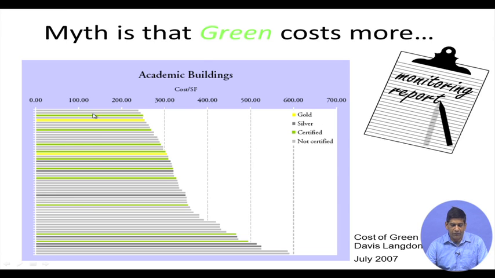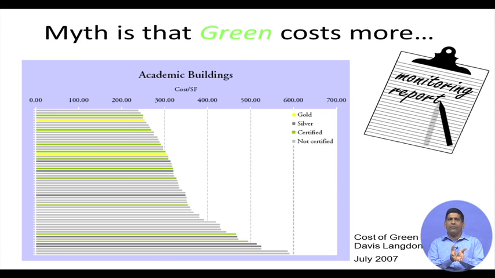As you can see from top to bottom, the cost per square foot varies. Even for buildings which are not certified, we are seeing pretty high cost, while the gold certified ones are actually low cost, lower than many silver or other certified buildings too. So the idea that anything green will cost more is not really true.